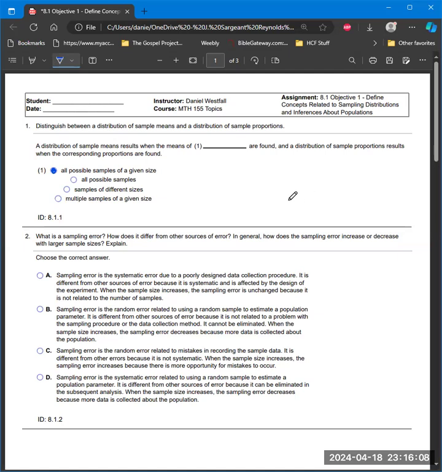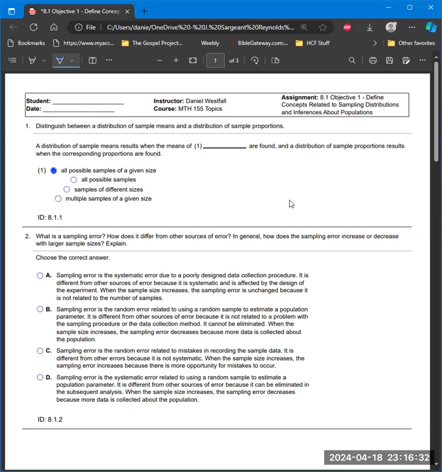Next, what is a sampling error and how does it differ from other sources of error? In general, how does the sampling error increase or decrease with larger sample sizes, and explain. Sampling error is the random error related to using a random sample to establish a population parameter.